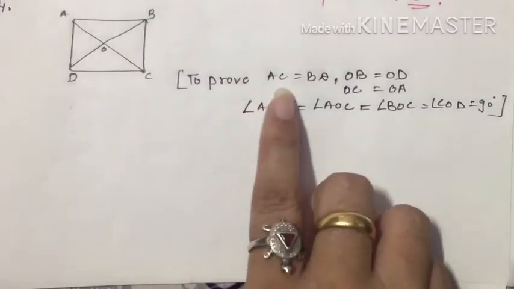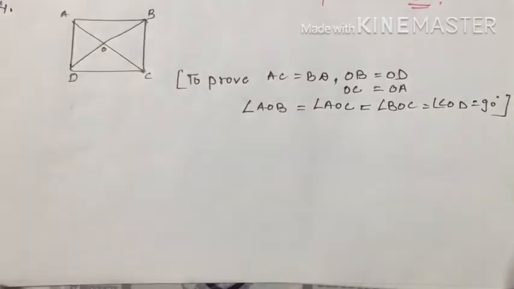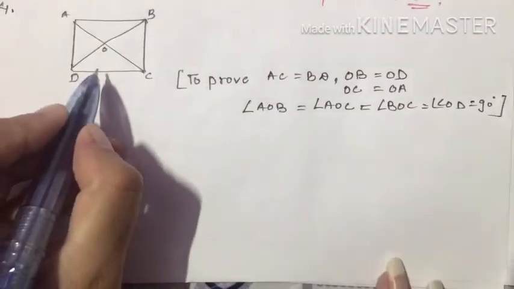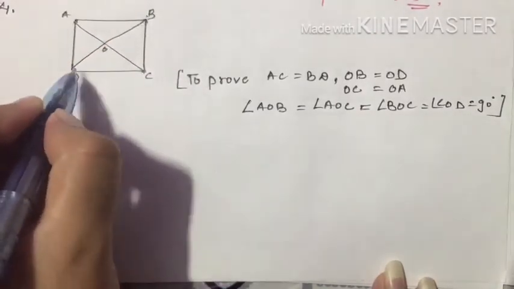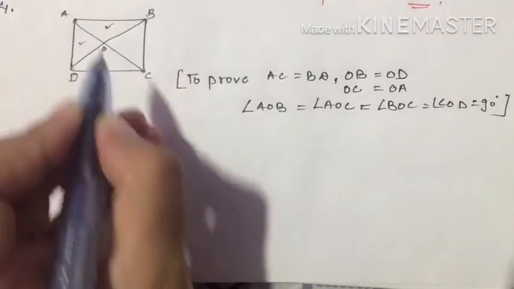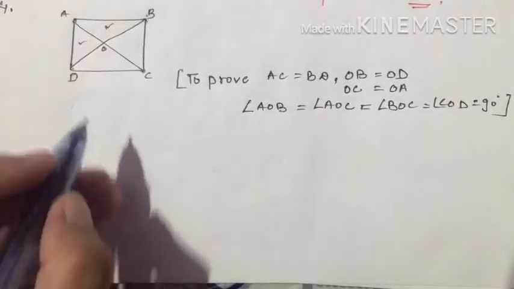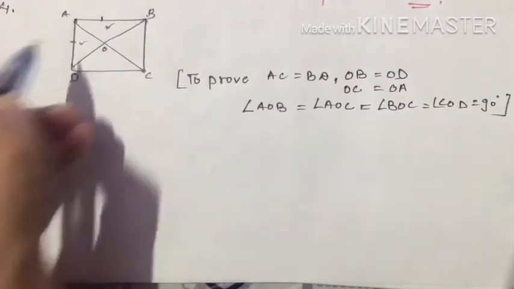Okay, the first thing I have to prove is AC is equal to BD. Let me take this triangle ABD. First I will try to prove them congruent. How can I prove them congruent? See, this is a square. So students, this side and this side will be equal.